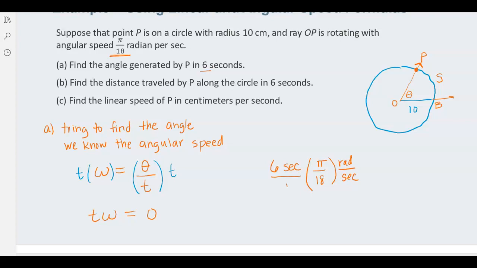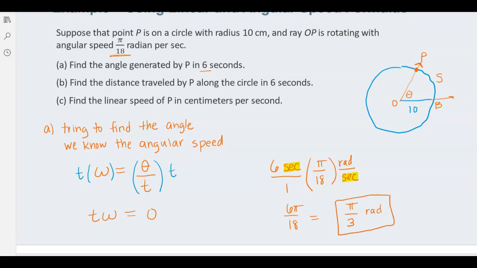Since I have the same units that are canceling, I'm going to end up with 6 times pi over 18, or pi over 3 radians.